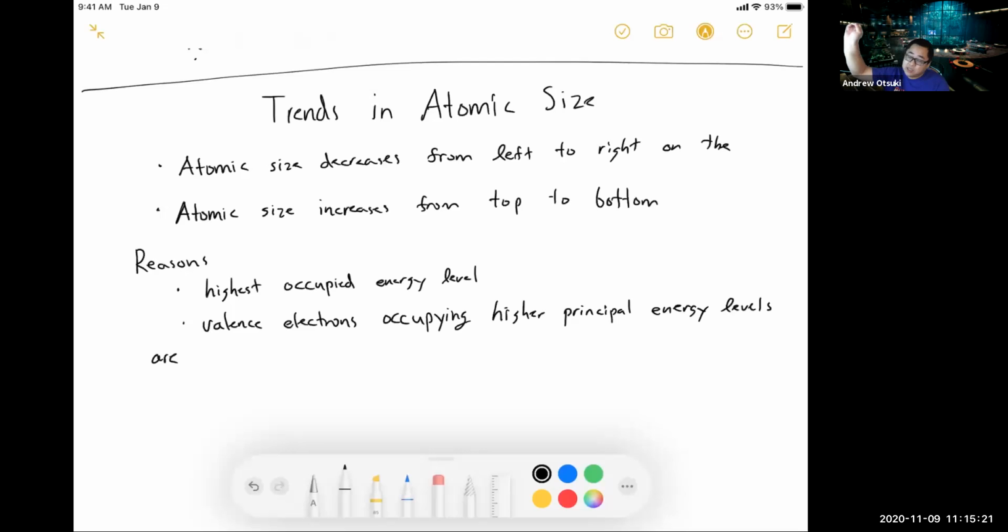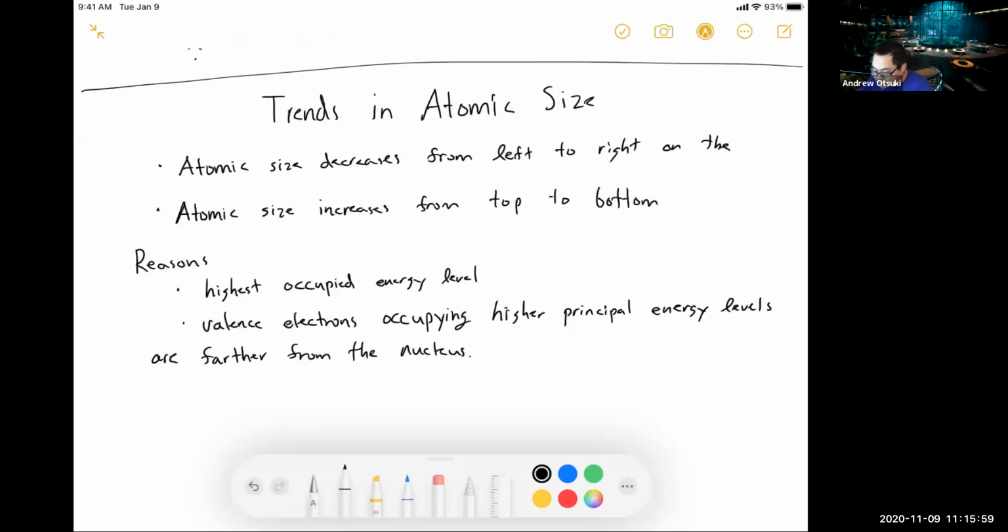So your distance is increasing, therefore the size of the atom itself is going to increase. Sorry, farther from the nucleus.